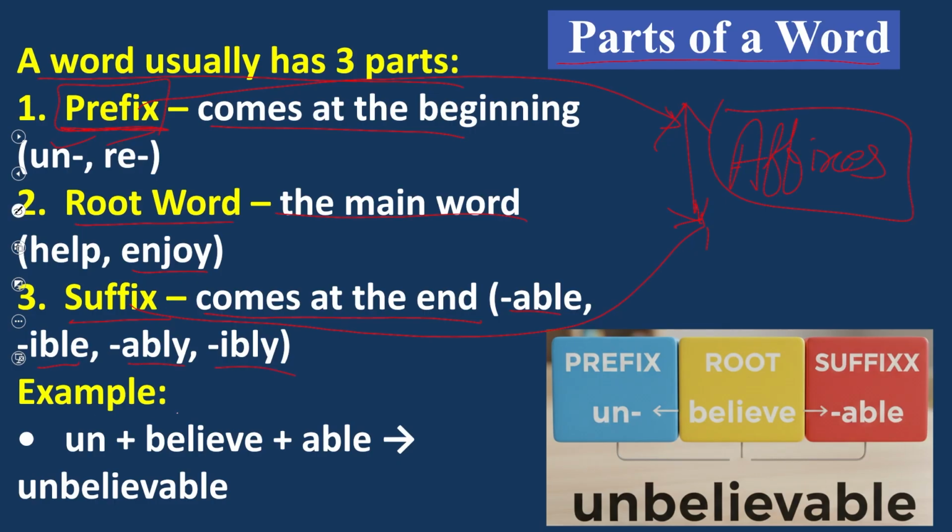Look at the example. Unbelievable. Un is the prefix, believe is the root word, and able is the suffix. When we combine the prefix, root, and suffix, the word becomes unbelievable.